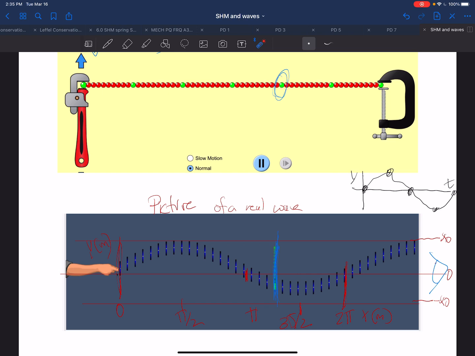But when we look at a wave like this, it's both dimensional. Meters, meters. The slope is dimensionless. The slope of this graph, however, is velocity.